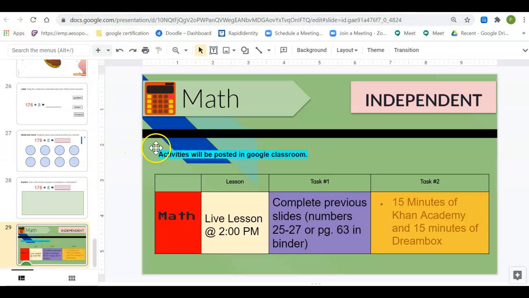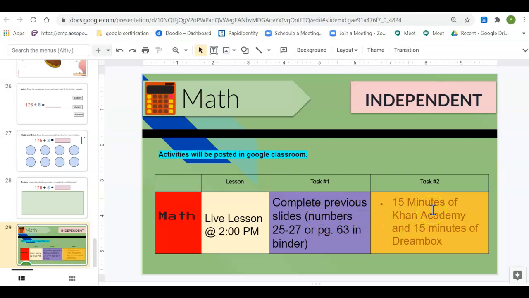Okay, so on our last slide for the day, just a reminder of your tasks for the day. You completed the previous slides, either on the slides where you did the work, or if you did it in the actual binder, you completed that and took a picture of your work and inserted it in the slide. So make sure you do that before you turn this assignment in.